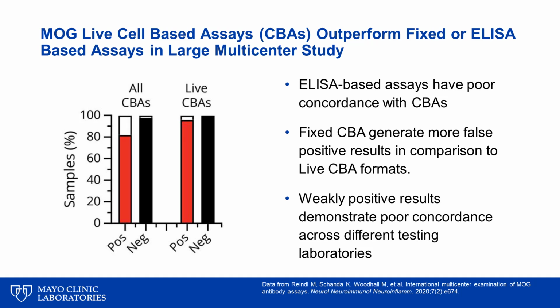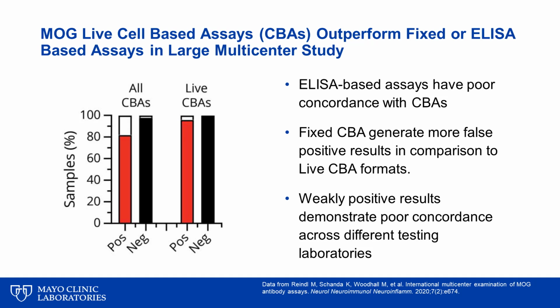Recently, in a large international multi-center study, it was demonstrated that live cell assays provide higher diagnostic accuracy as compared to fixed cell-based assays or those that use denatured MOG protein, such as ELISAs. Shown on the left in this figure is the performance of a set of known positive samples and known negative samples that were tested by all CBAs, which included fixed CBAs as well as live cell CBAs. The detection rate is shown on the y-axis.